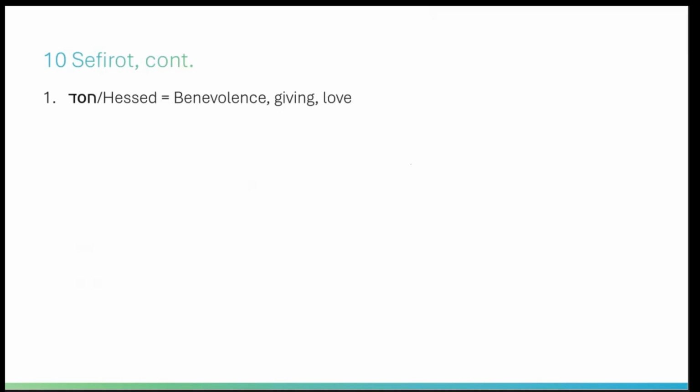So then we have Chesed, which is benevolence, which correlates with giving and love. We usually understand that, right? And then there's Gvura. Gvura is like the counterpart to Chesed. Literally it's strength, but it represents harshness, severity, and judgment.